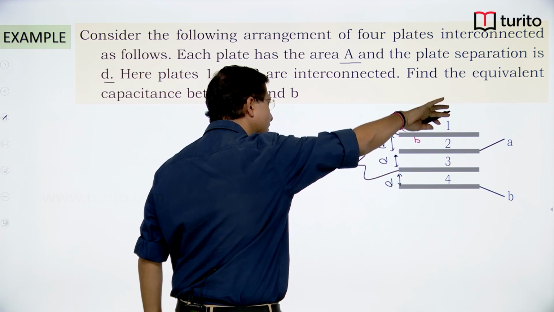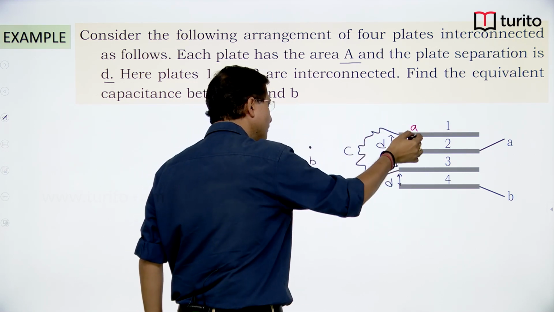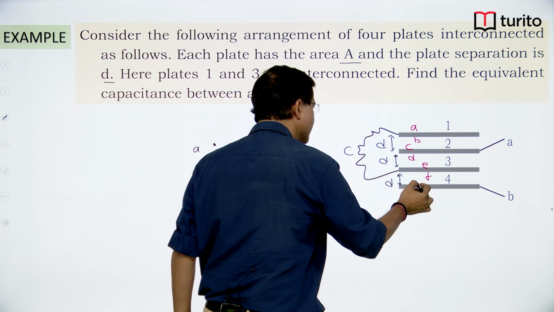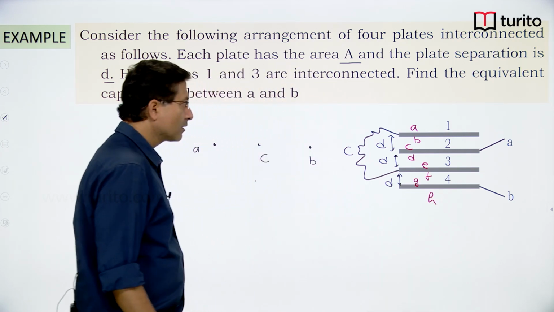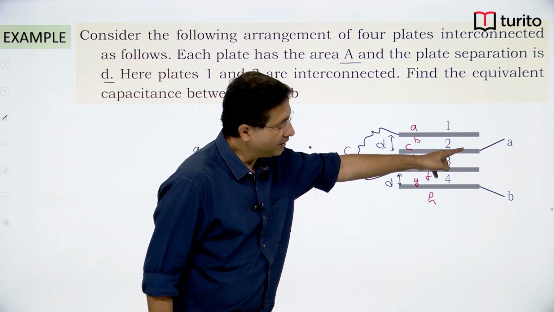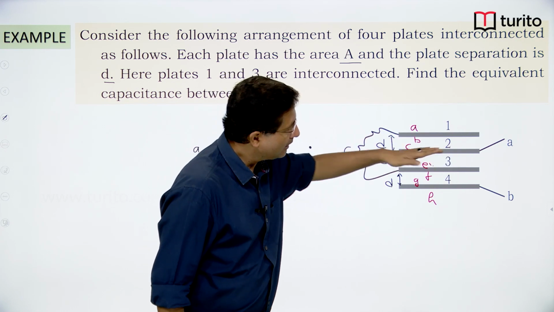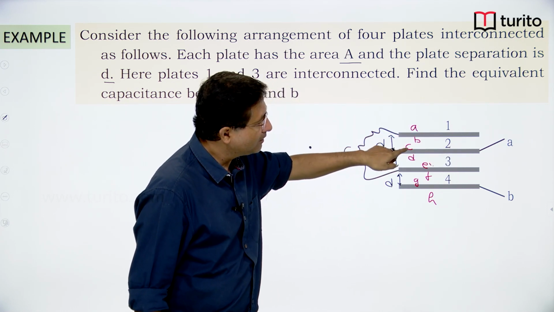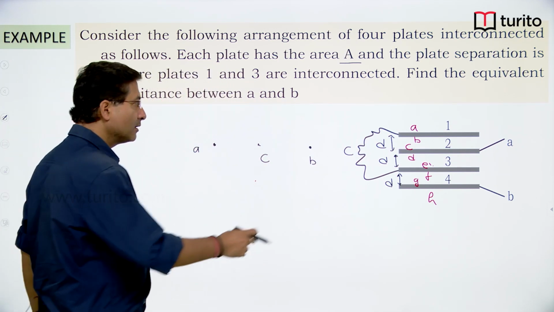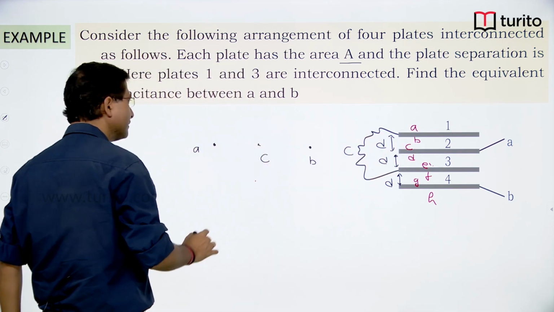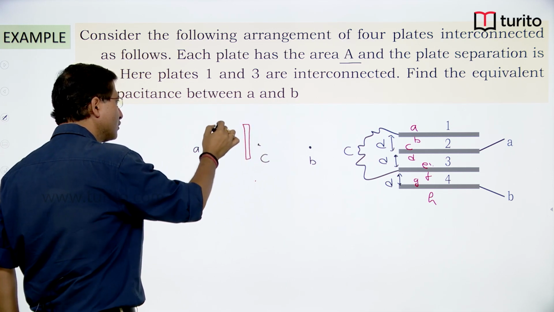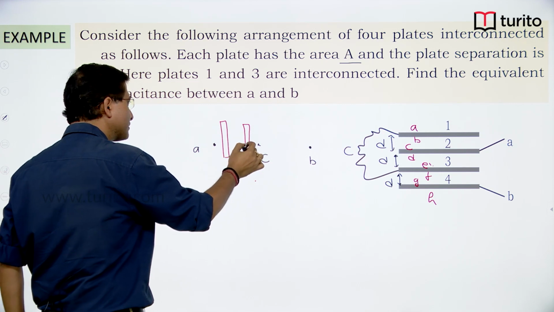So, this upper surface I assumed a, below one b, this is c, this one is d, and then e, f, g, h. Now, as you can see, this upper one is c, which is facing b, and that is connected to C. This whole plate is connected to C, right.